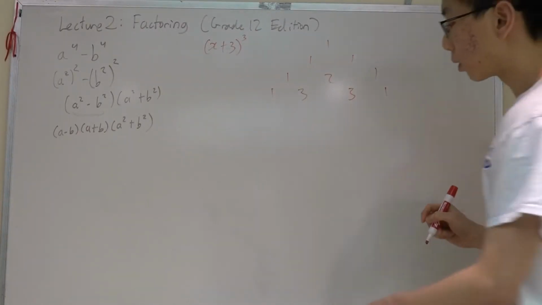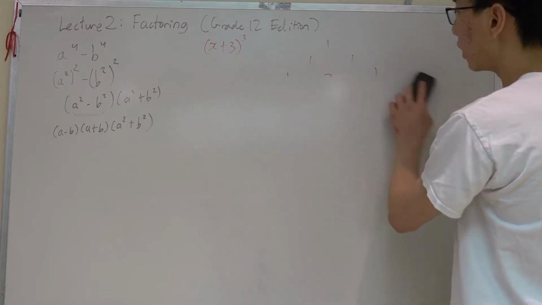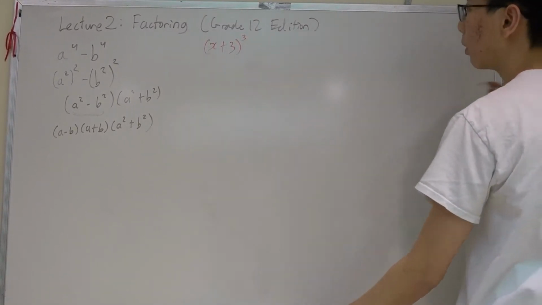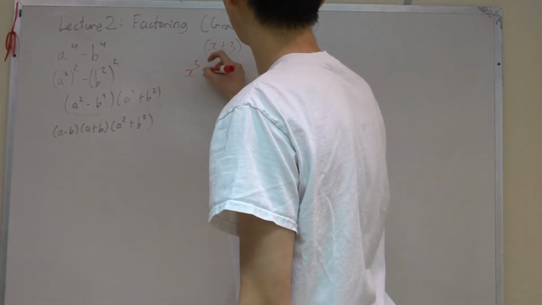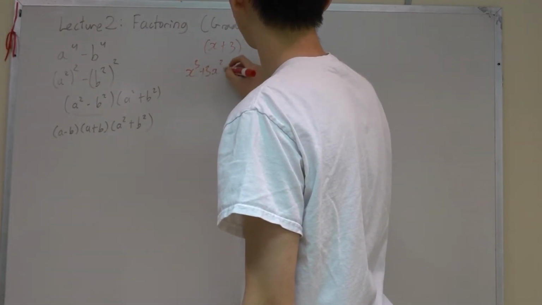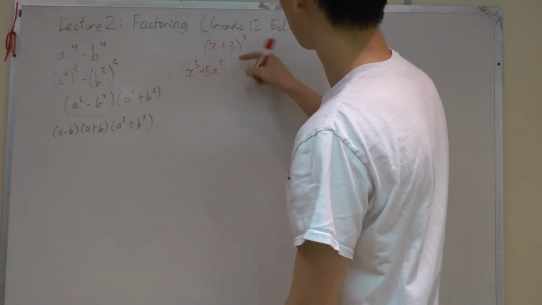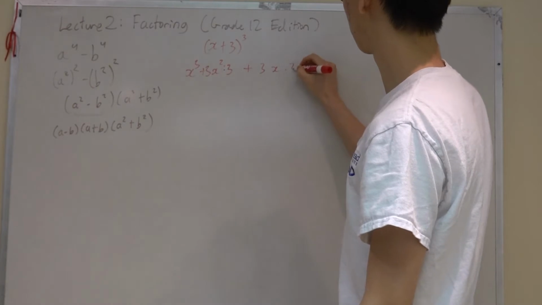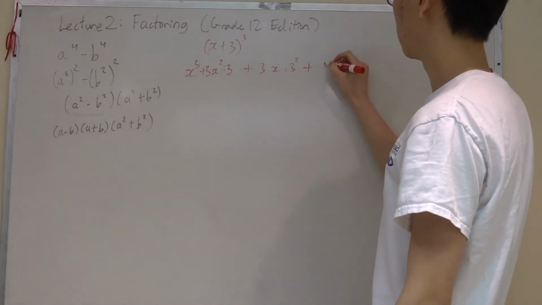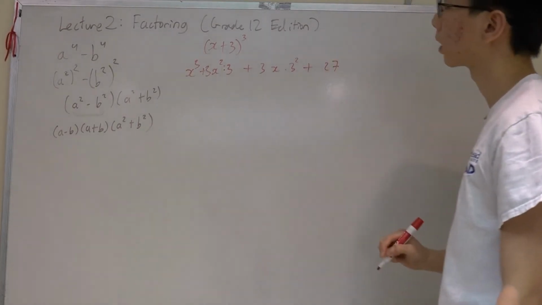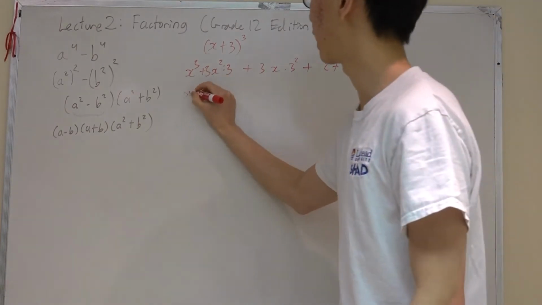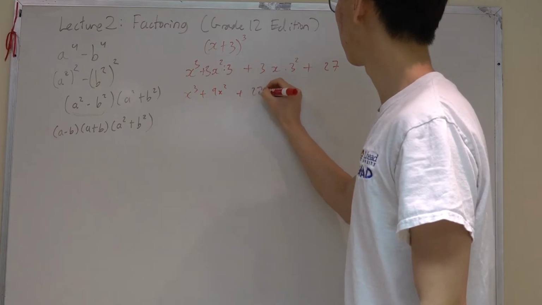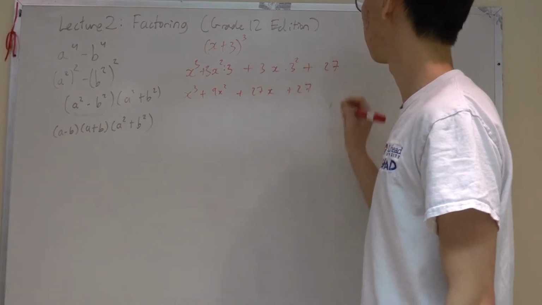So if you remember Pascal's triangle and how to use the binomial theorem, after a bit of work, you could very quickly come up with this. x cubed plus 3x squared times 3 plus 3 times x times 3 squared plus 3 cubed, which is 27. Okay. And then simplifying this, you get x cubed plus 9x squared plus 27x plus 27.